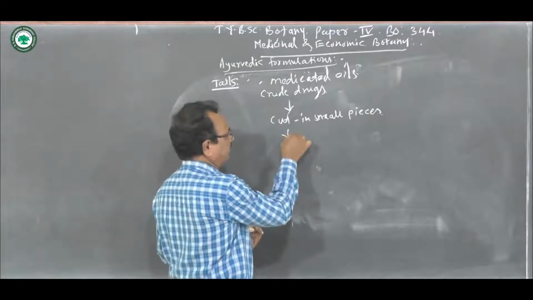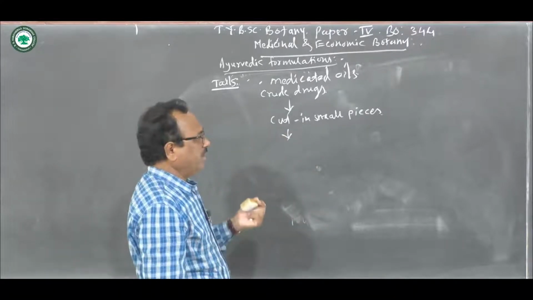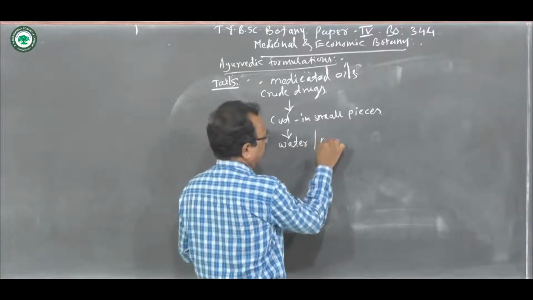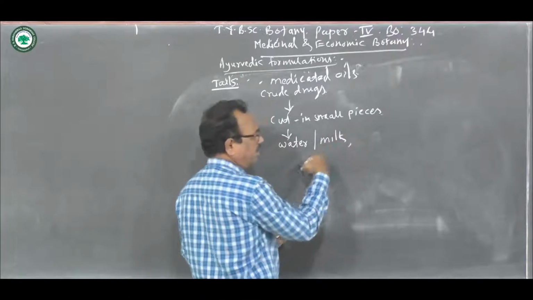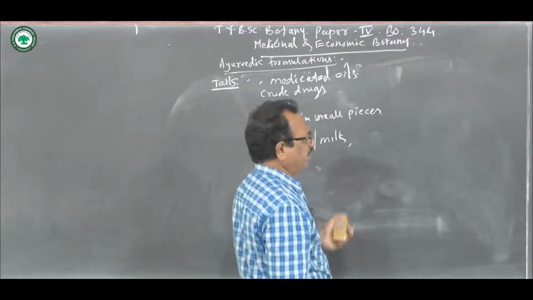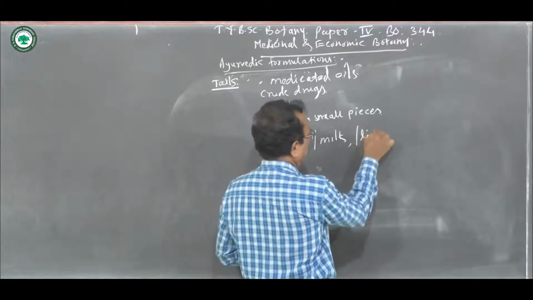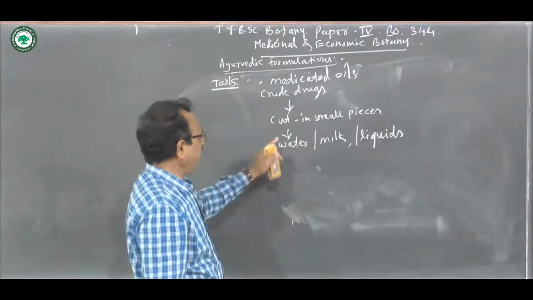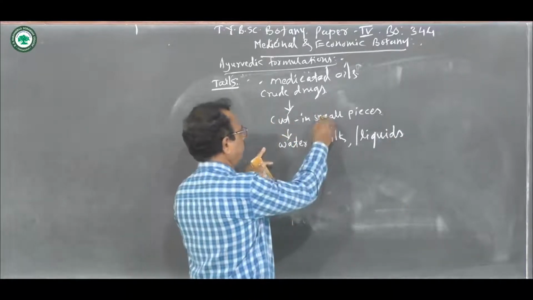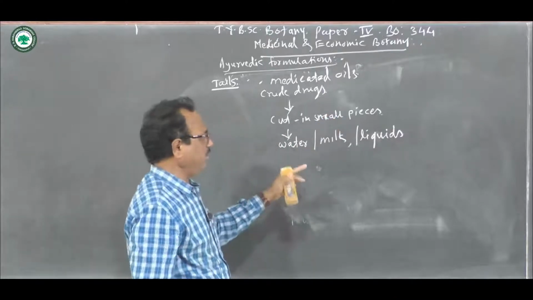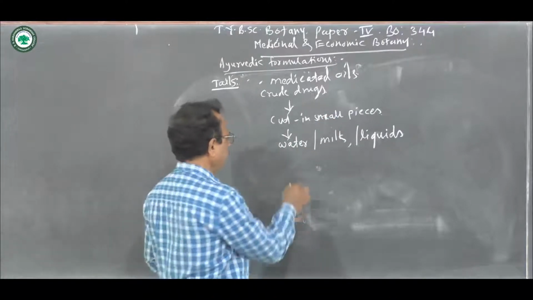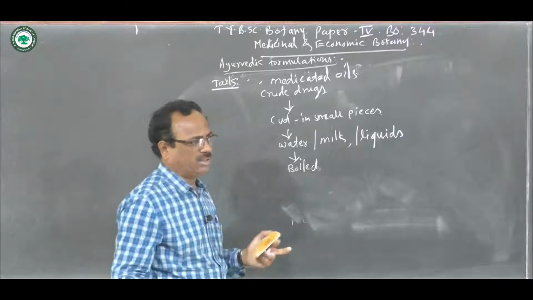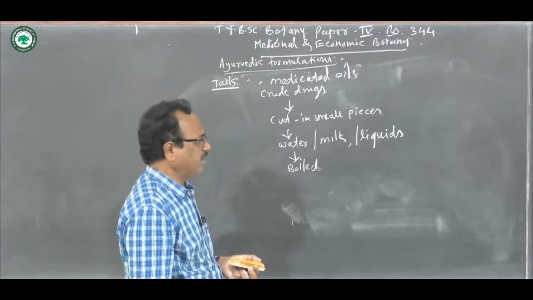and then some quantity of water, or sometimes milk, or sometimes different types of liquids may be added. The entire material, that is the crude drug with water or milk or any type of liquid, is boiled in a small container or pot.